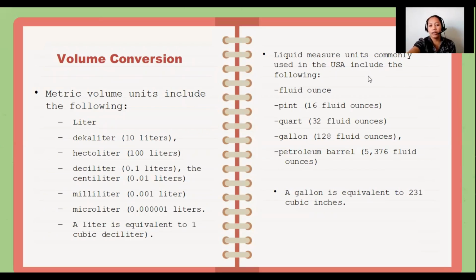So a pint is 16 fluid ounces, a quart is 32 fluid ounces, a gallon is 128 fluid ounces, and a petroleum barrel is 5,376 fluid ounces. So a gallon is equivalent to 231 cubic inches.